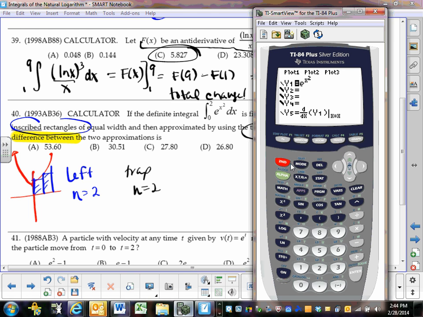So that means that this is actually going to give me F of 9 minus, in this particular case, 0. So if we do the integral with our calculator, we should get F of 9 minus 0.